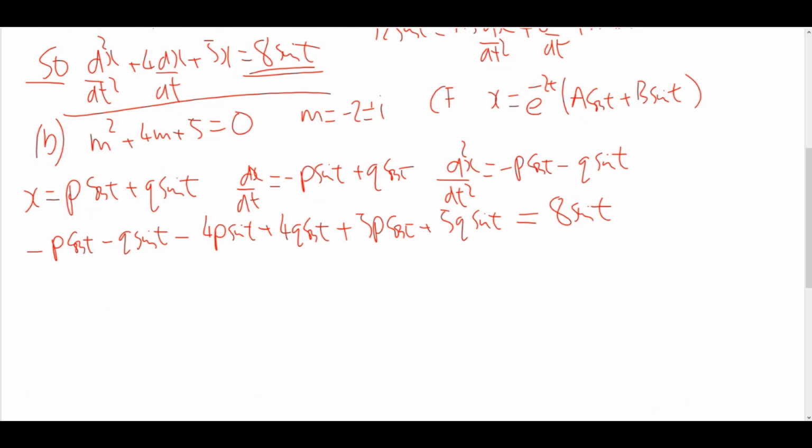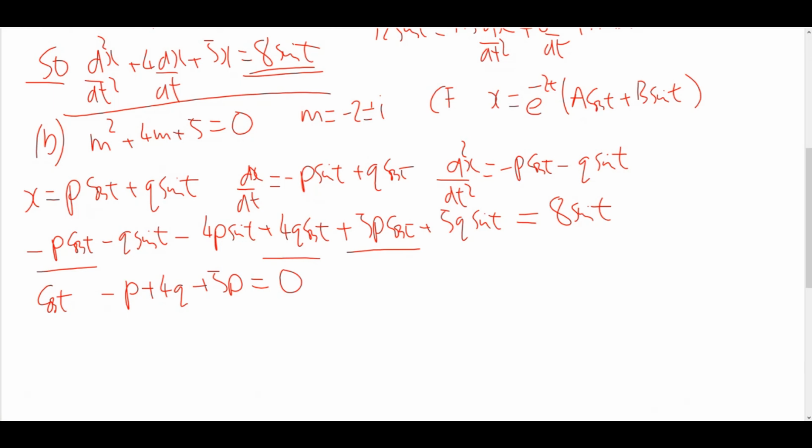Now, when I compare coefficients, because there's no cos term on the right-hand side, the coefficients of cos t must turn out to give 0. So these are the cos t terms I'm underlining here. So if you compare coefficients of cos t, you will get minus P plus 4Q plus 5P is equal to 0.